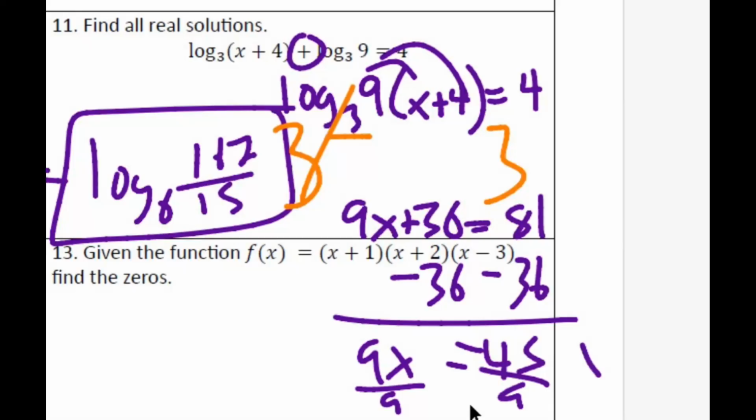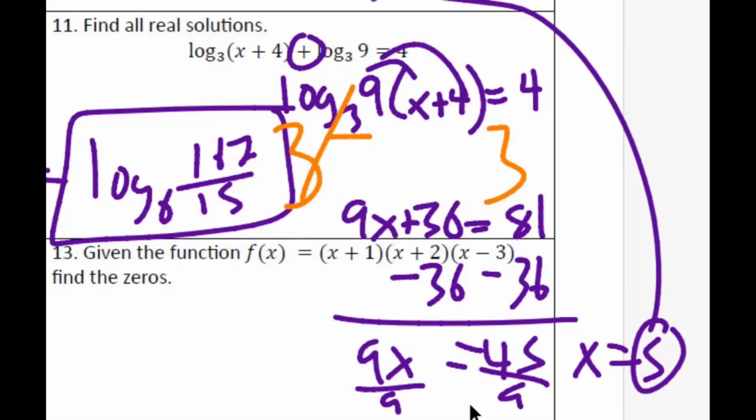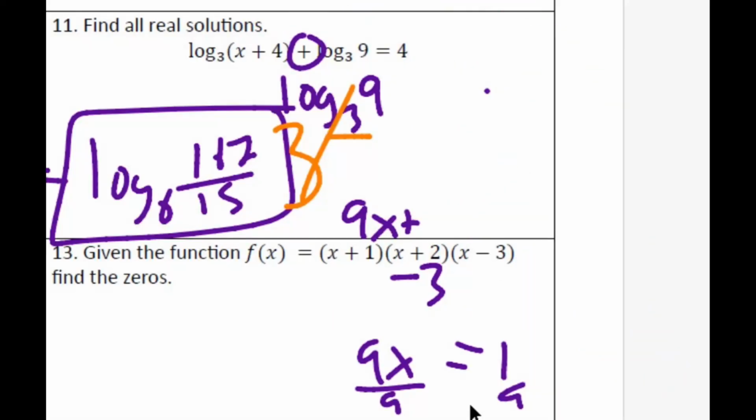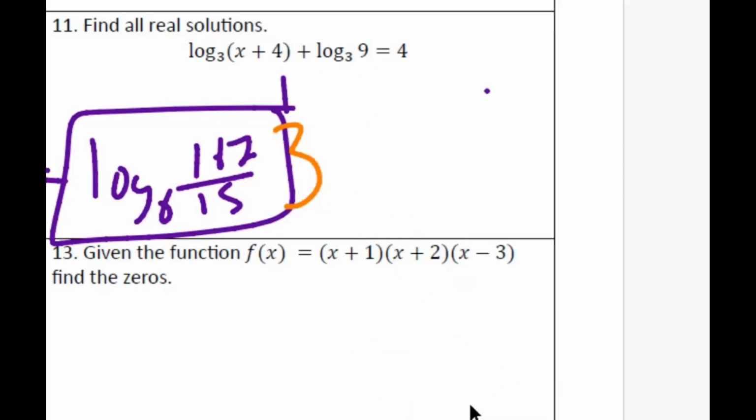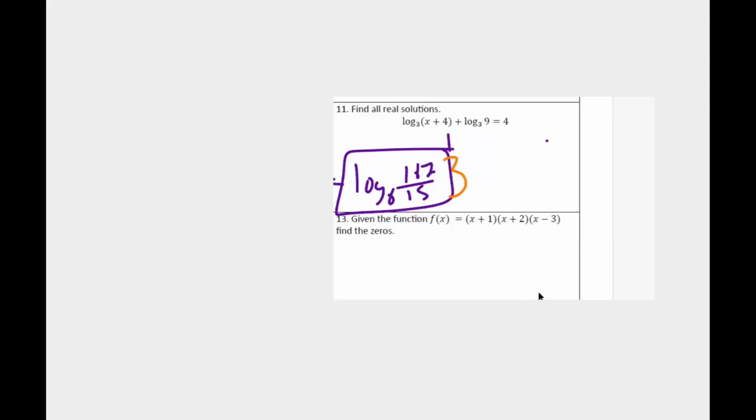Divide both sides by 9, and we get x equals 5. Quick plug in to make sure that this is not extraneous. If that goes in here, I have the log base 3 of 5 plus 4, which is 9. And that works. So that's not extraneous. Remember, we can't have the log of anything less than or equal to 0.